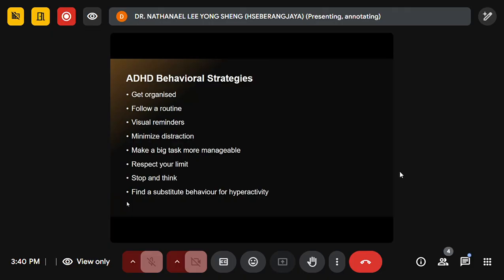For example, we see some people with this ADHD condition who are either fidgety or turning their pens when they have to sustain in a situation where they need to stay still.